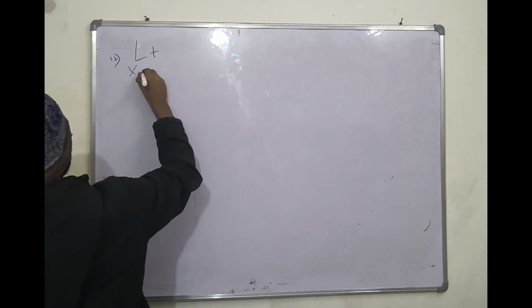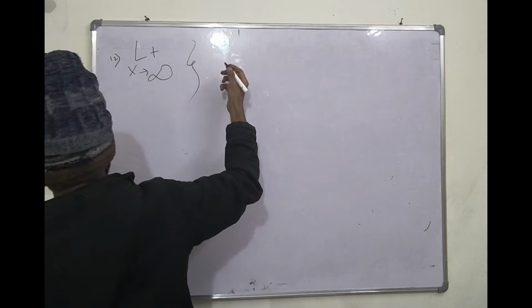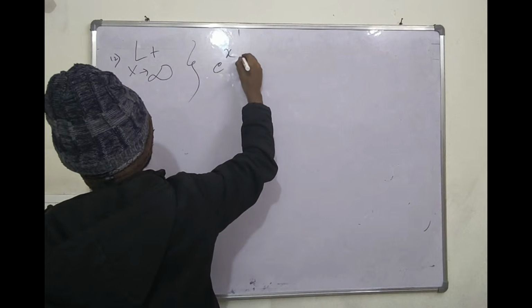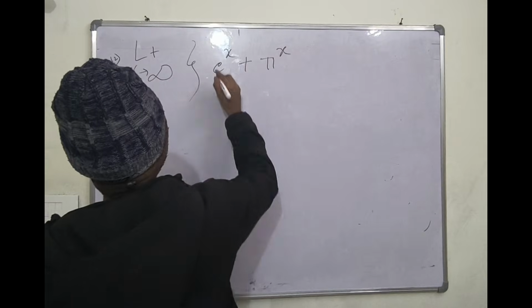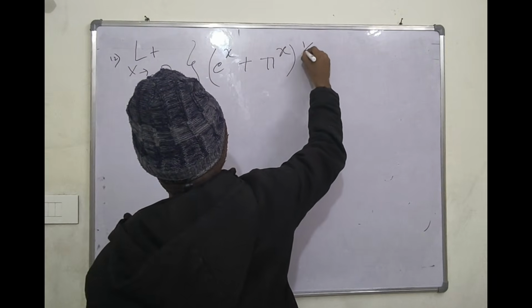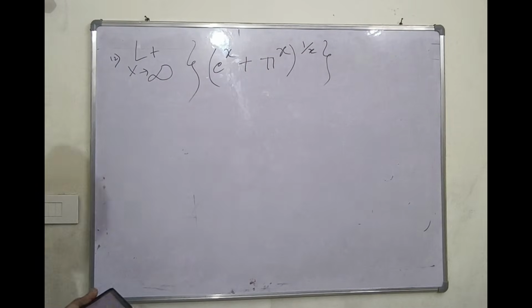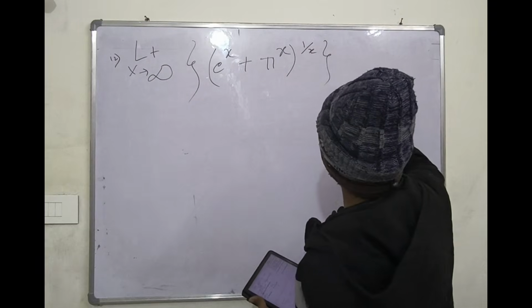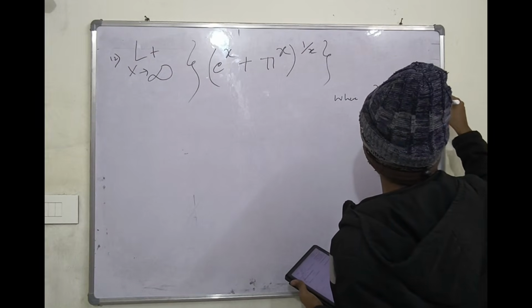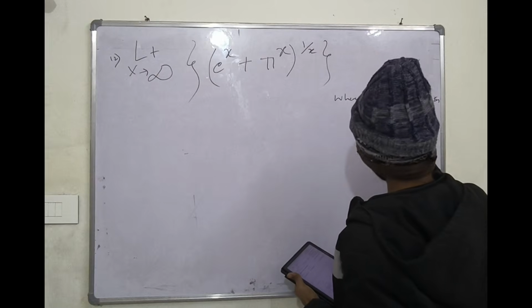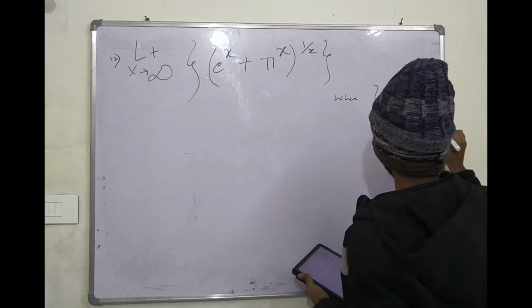Limit x tends to infinity, e power x plus 5 power x, whole power 1 by x, where the bracket denotes the fractional part of x. Okay, good, nice.